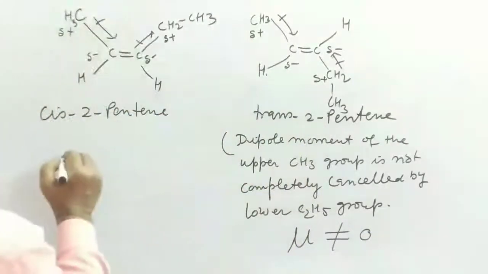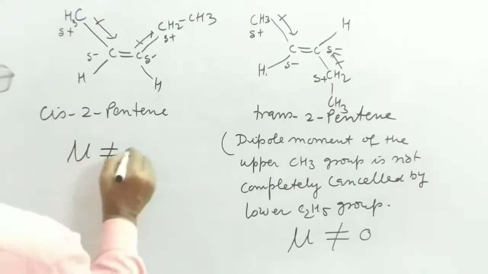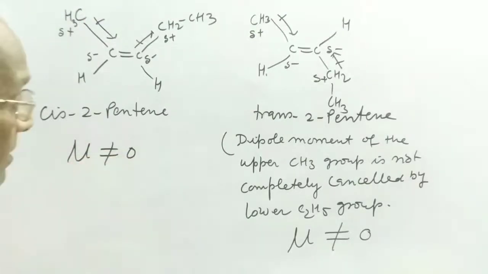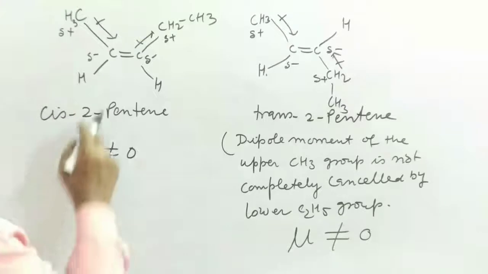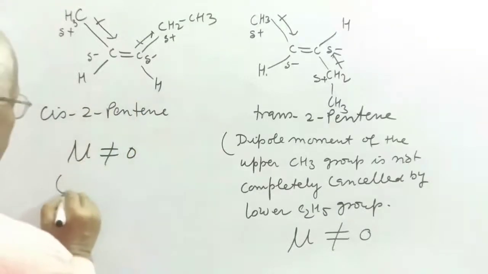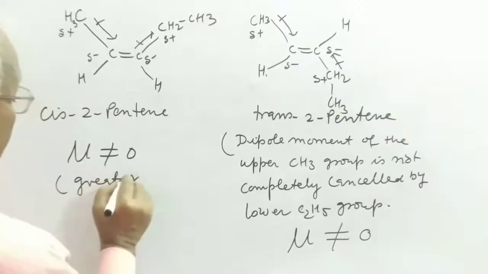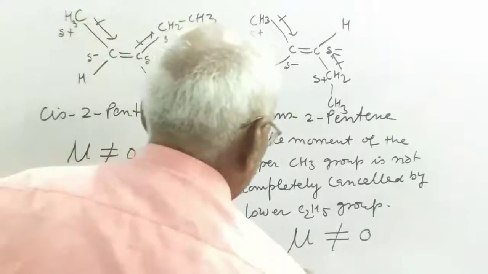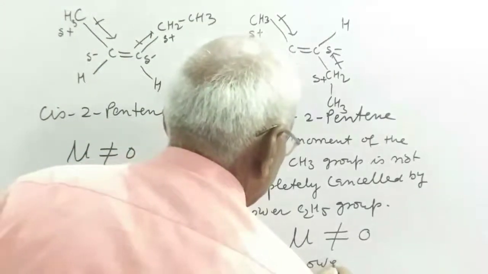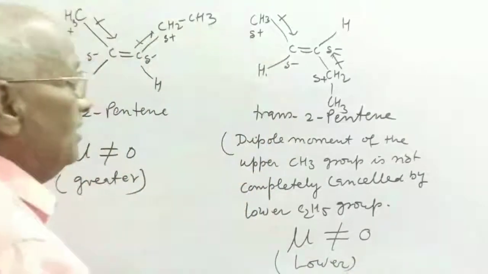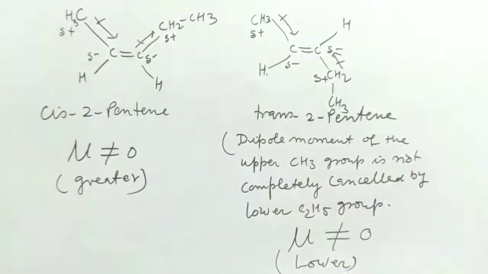Similarly, in the other case, dipole moment is not equal to 0. But dipole moment in this case is greater, and in this case it is lower. This is the difference. But both of the molecules have dipole moment.